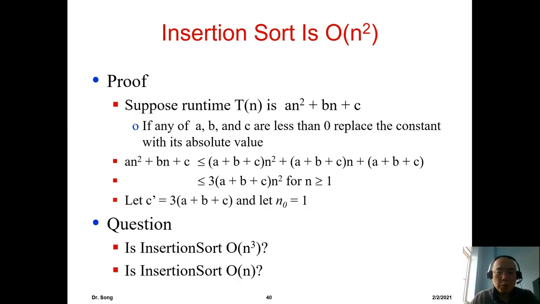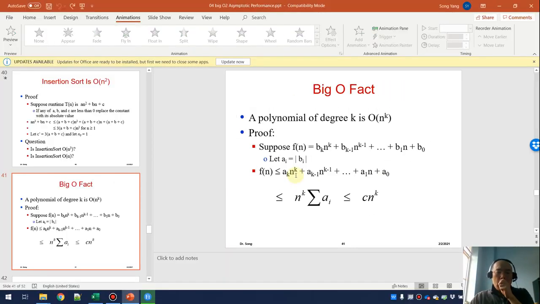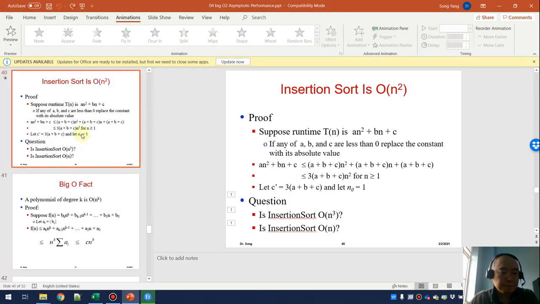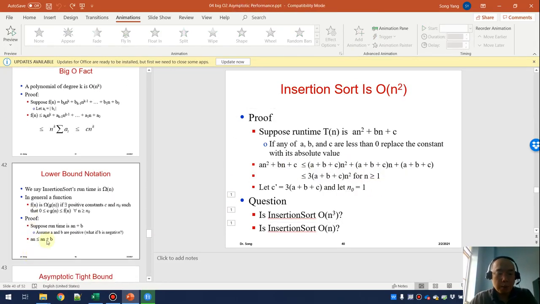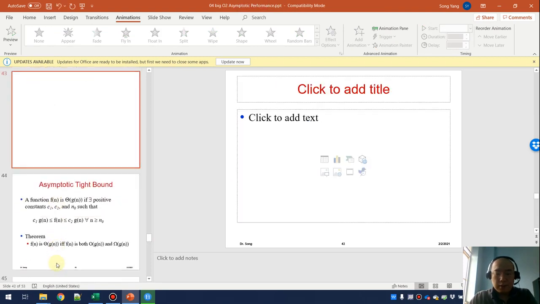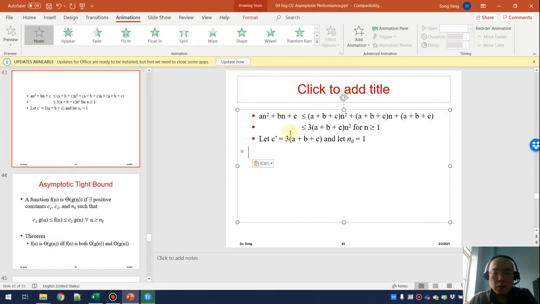So let me use this part again. Now I want to grab this part and show you how to do the lower bound. So this is the upper bound. Since we are now doing the lower bound, instead of smaller or equal to, we want greater or equal to.